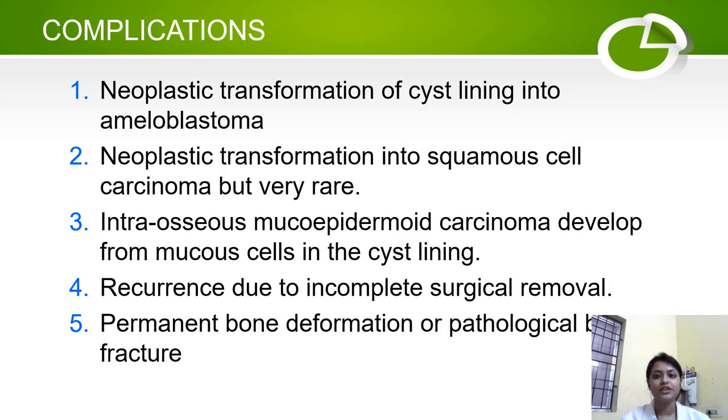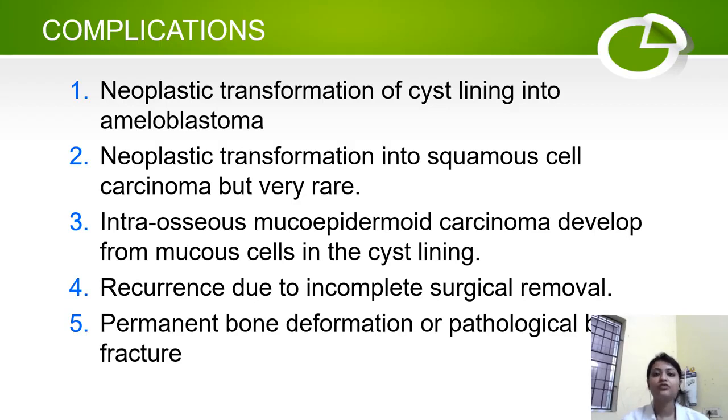Now, what are the complications? Certain complications are there. First, there can be neoplastic transformation of the cyst into ameloblastoma. Second, there can be neoplastic transformation into squamous cell carcinoma, but it is very rare. Intraosseous mucoepidermal carcinoma can also develop from the mucous lining.